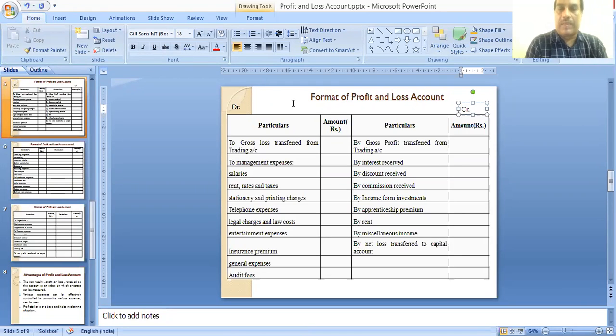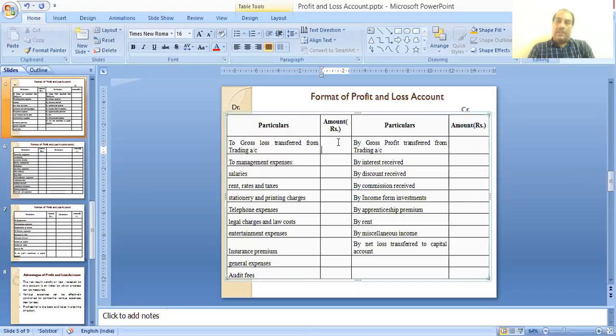So the format has two sides, first the debit and second the credit side. I have written the items which are included in the format of the profit and loss account as a debit or as a credit. This list is exhaustive. First, we transfer the gross profit or gross loss from the trading account.